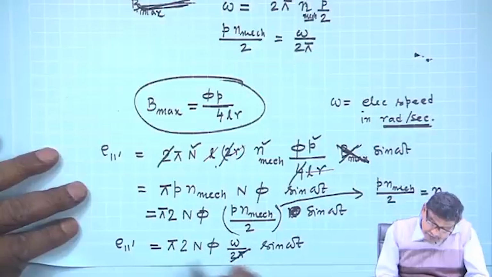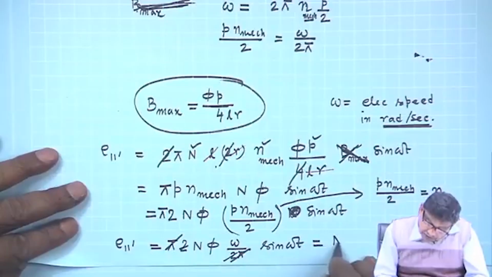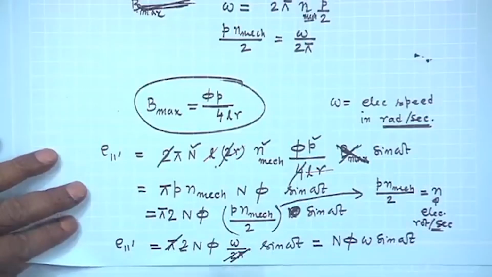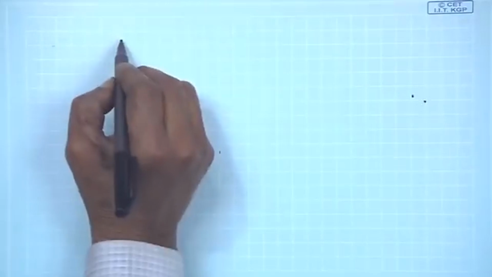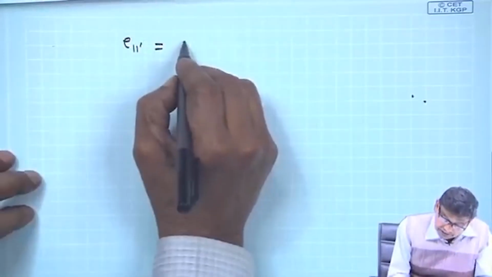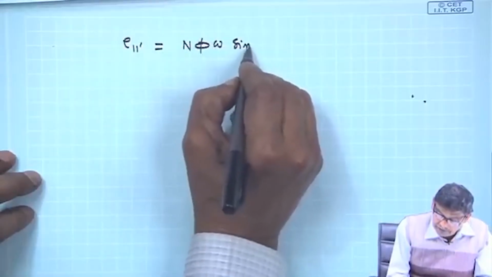So, this pi will go and this 2 will go. So, your induced voltage will be N phi omega sin omega t. So, this is very nice. So, E 1 dashed, this induced voltage, let me write it, it is equal to N phi omega sin omega t.